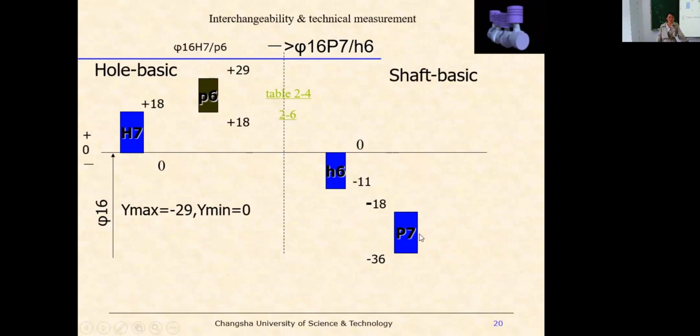If you don't add the delta, the upper deviation is minus 18. Minus 18 plus the 8 delta, right? When you don't add a delta, it's minus 18, and then the deviation is 36, right?